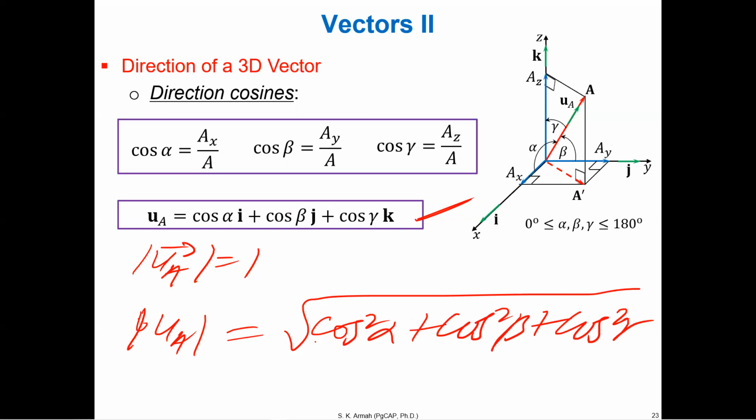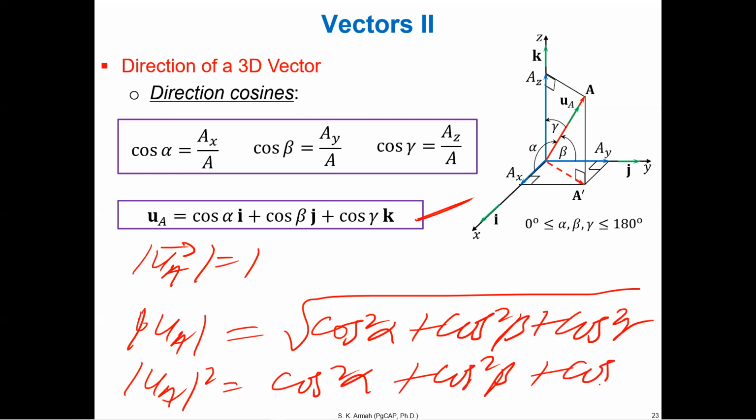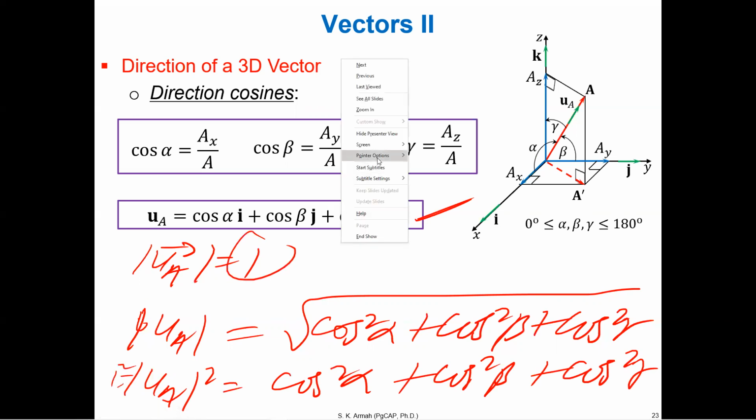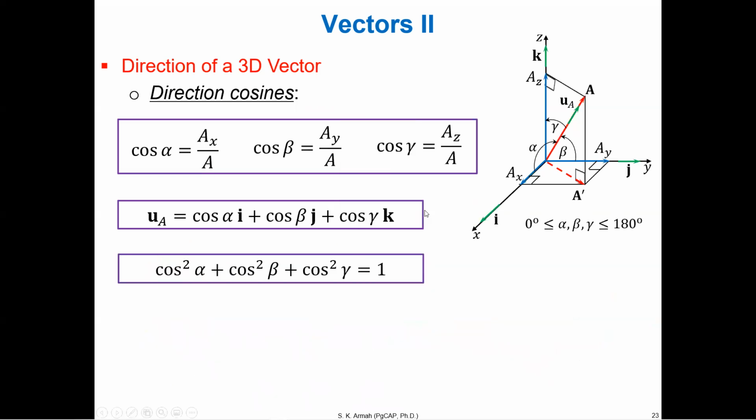If you square both sides, you have the unit vector squared equal to cos square alpha plus cos square beta plus cos square gamma. But this is 1 squared, which is 1. So we came out with this expression.